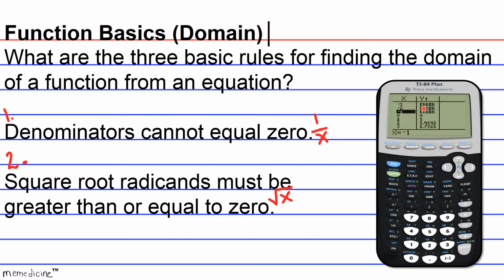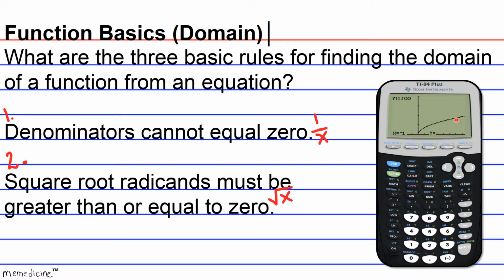When we pull up the table of ordered pairs, we see that for anything 0 and up, or greater than or equal to 0, we have an answer. But anything less than 0, we get an error reading, meaning there's something wrong and nothing can exist there. And let's see what this looks like on a graph.